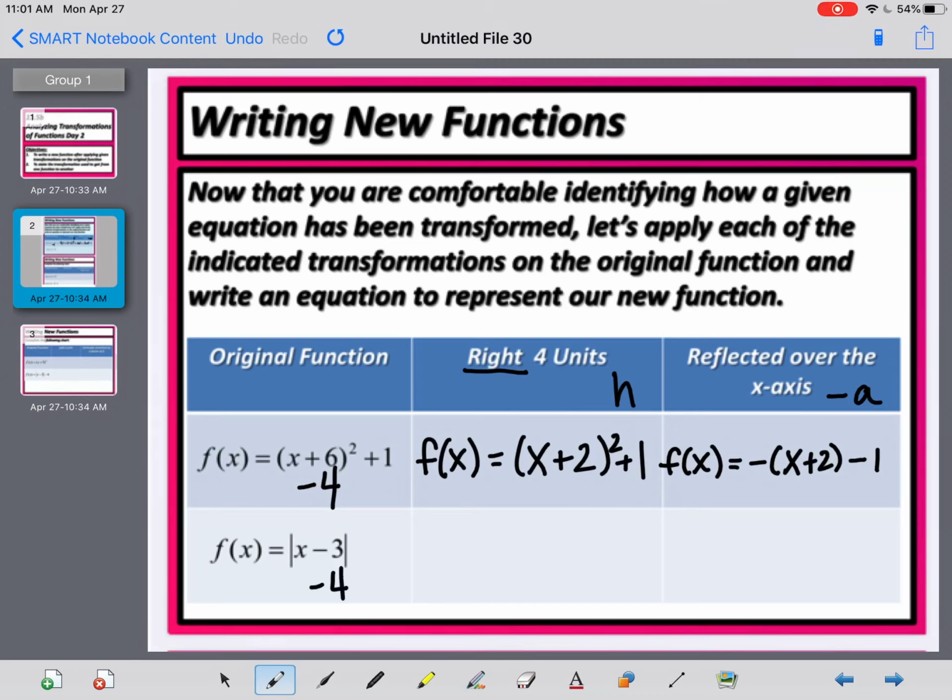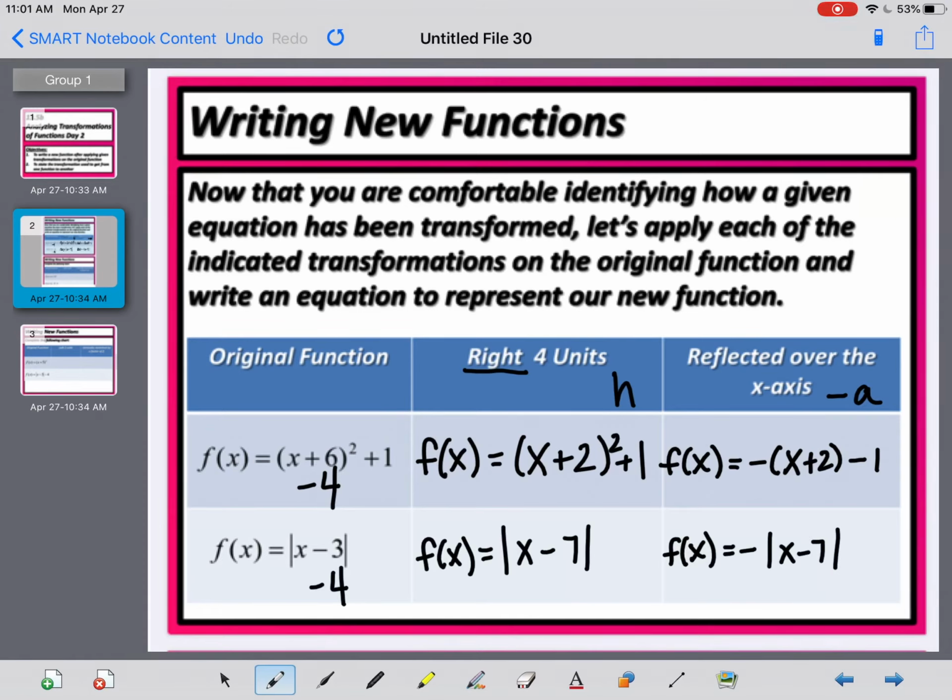Okay, so again, still these same transformations, but a new function. So I'm going to subtract 4 here. Okay, so it's at x minus 7. And then to reflect it, you want to make sure you're reflecting the entire function, not just turning it upside down.